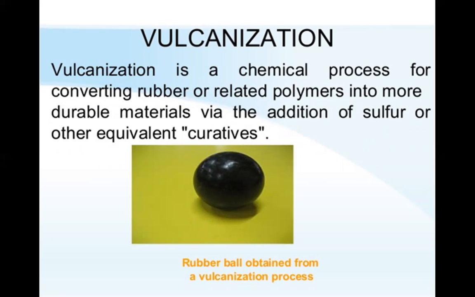The natural rubber is soft and plastic in nature. Whatever rubber is formed from the trees is soft and plastic, becomes soft at high temperature and too brittle at low temperature, with a usable temperature range of about 10 to 60 degrees centigrade.